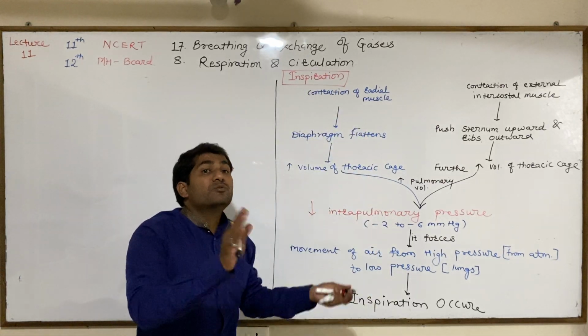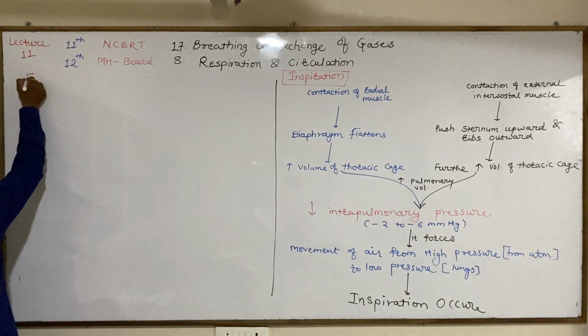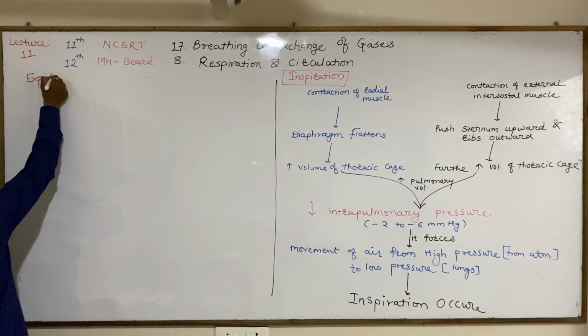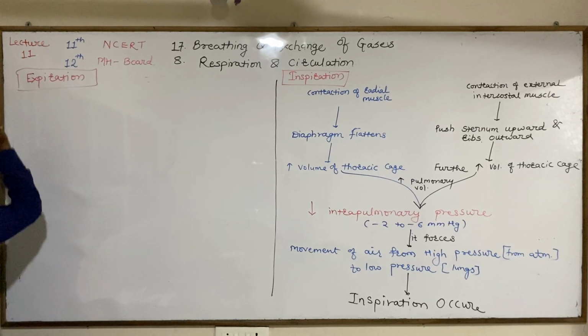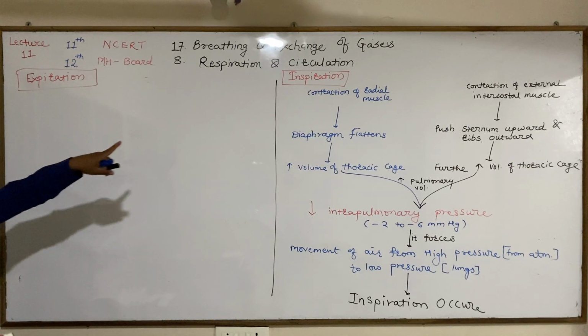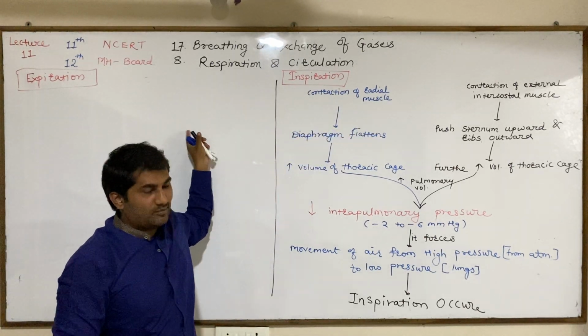What will be the mechanism of expiration? What happens during expiration? Contraction of radial muscle happens in inspiration; here you will write relaxation of radial muscle.